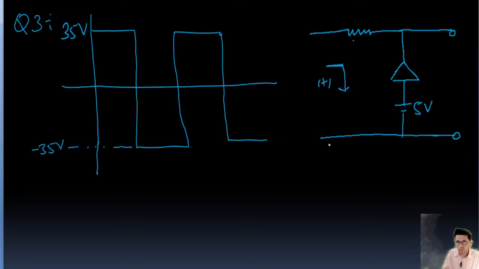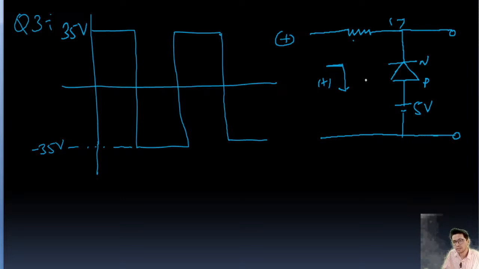Okay, so now we'll do the same thing for the first positive half. For the first positive half, this is P, this is N. For this positive half, you can see this is positive and this is negative, guys. So it is going to be in reverse bias.